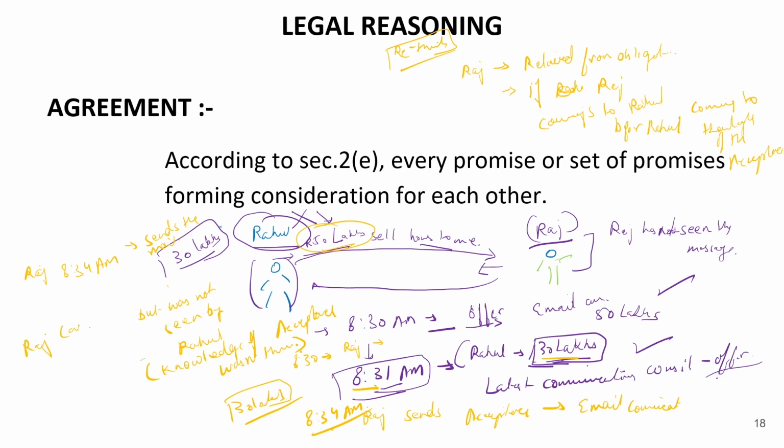Raj can revoke his acceptance, meaning if Rahul has not seen the message, Raj at 8:35 or any time after sending his communication can send the mail stating that I don't wish to purchase your house.